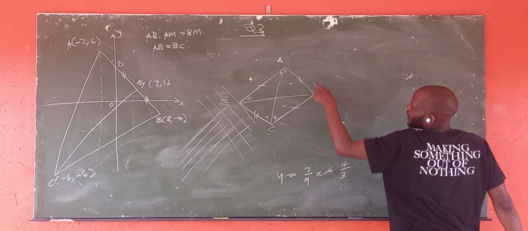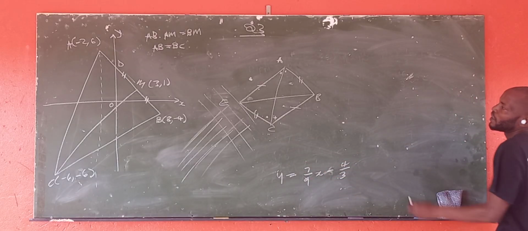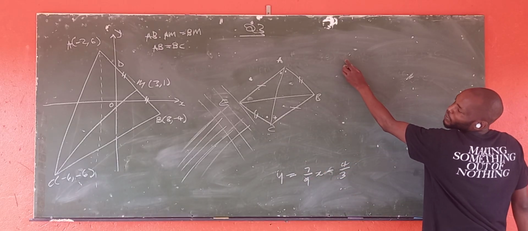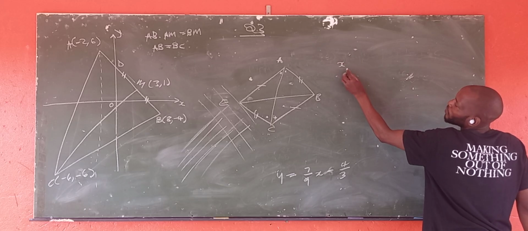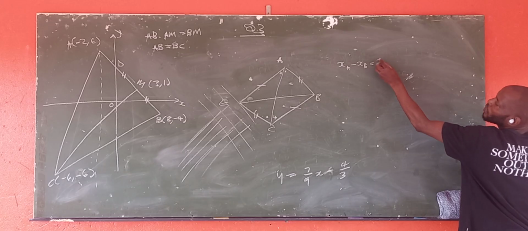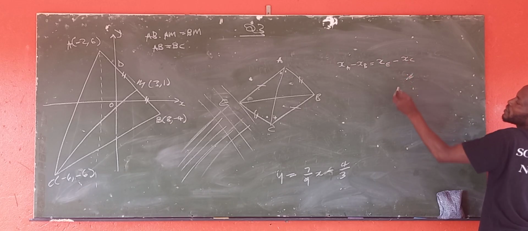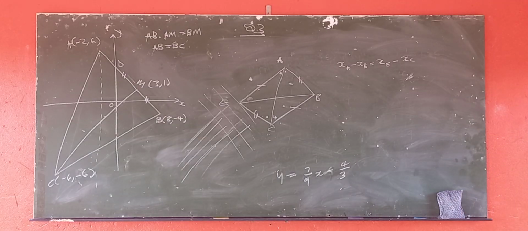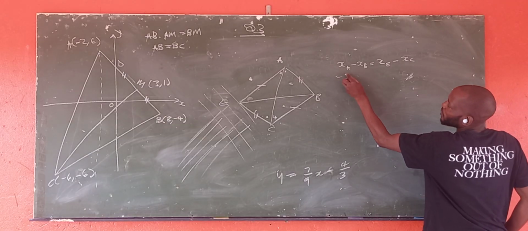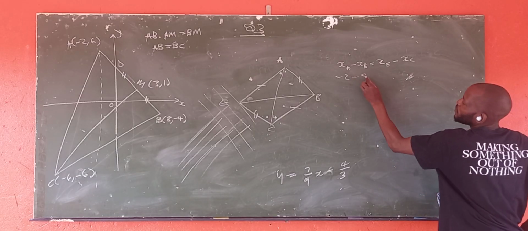So if you look at this minus this, it should be equal to this minus this in terms of the x coordinates, right? So x at A minus x at B should be equal to x at E minus x at C. x at A is minus 2, minus x at B, which is 8.